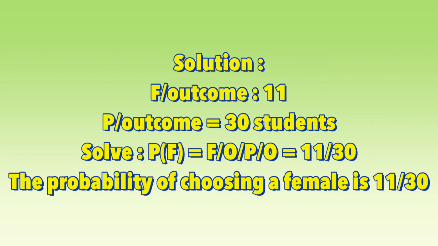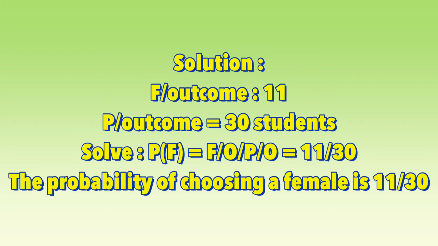Next, out of 30 students, we get the favorable outcome, asking for the female. In the problem, the females are 11. So the favorable outcome is now 11, and our possible outcome is 30.